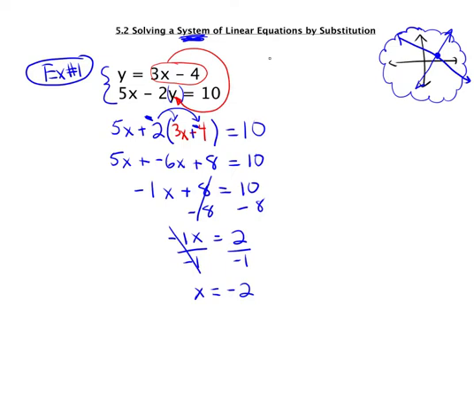So the solution, well, most people call the solution, the answer, is where both of those lines, both of these equation lines meet. So our answer is a coordinate pair because that is a point on a graph.